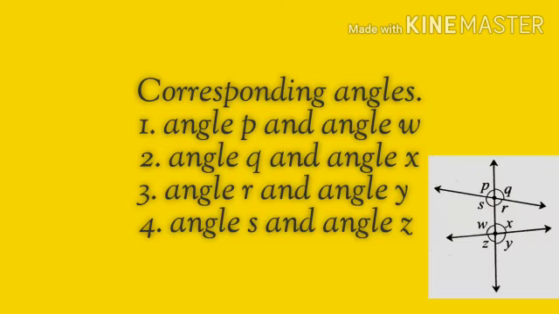So, the corresponding angle to angle P is angle W. The corresponding angle to angle Q is angle X. The corresponding angle to angle R is angle Y, and the corresponding angle to angle S is angle Z.